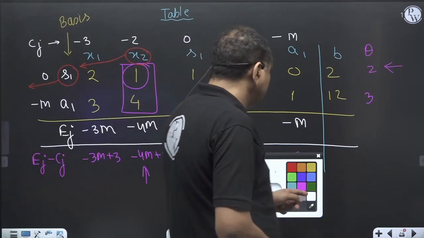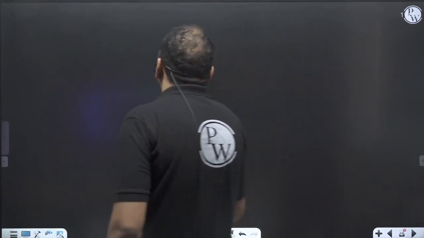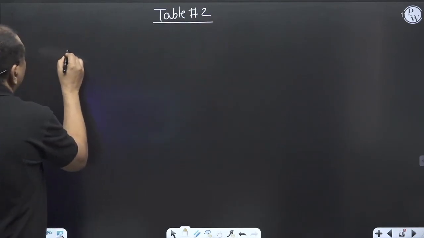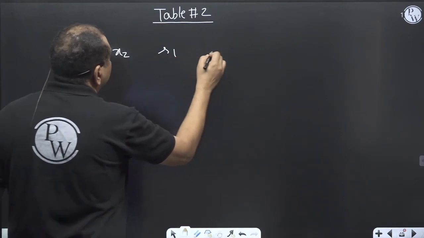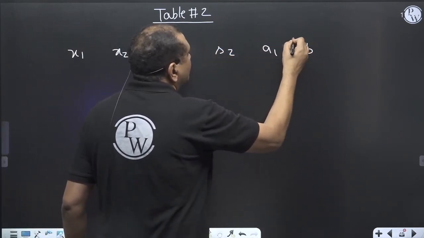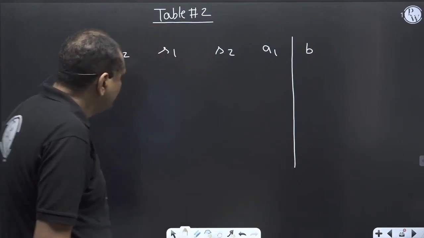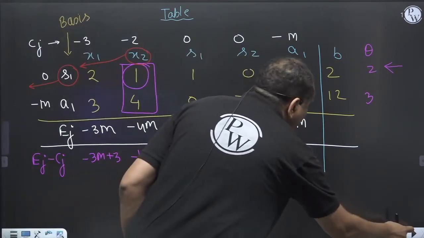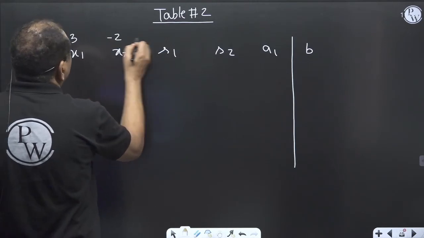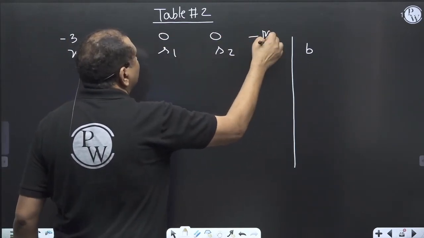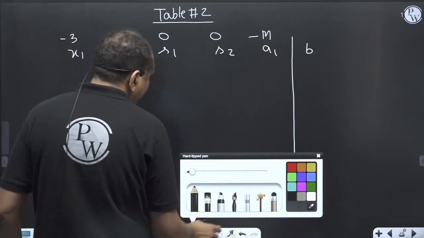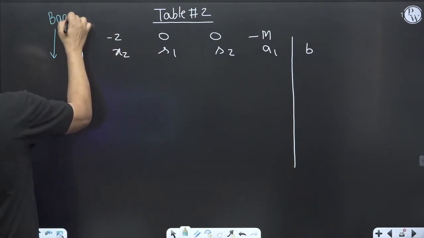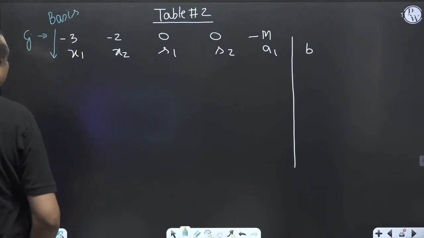Let us make the next table, Table 2, with columns X1, X2, S1, S2, A1, B. Cj is -3, -2, 0, 0, -M.